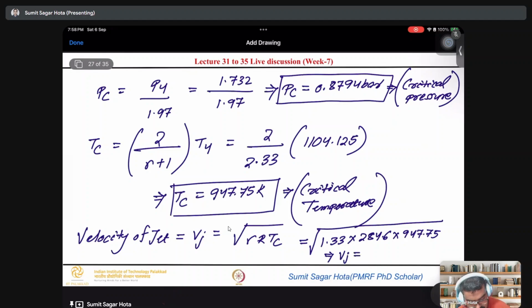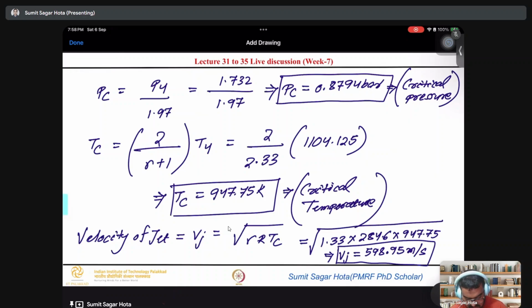The velocity of jet is 598.95 meter per second. Vj you have now.